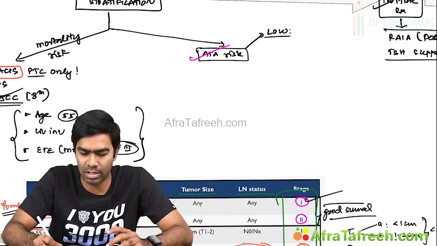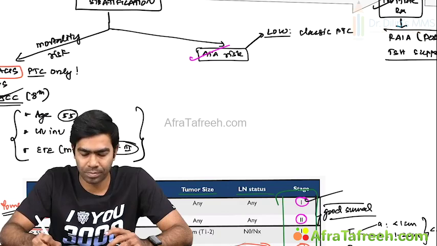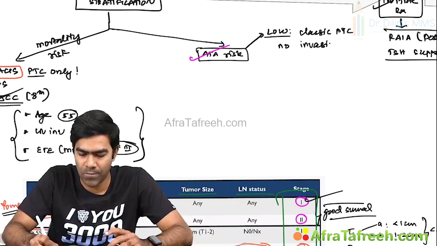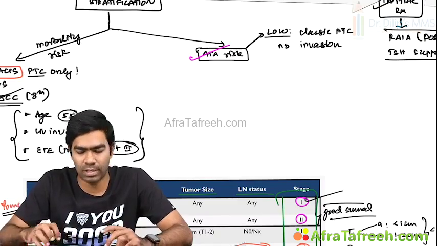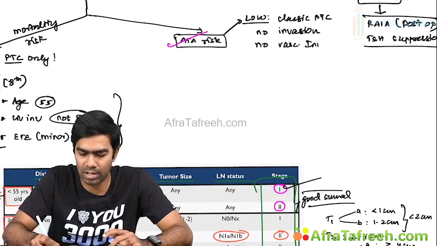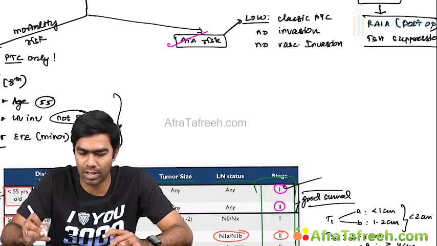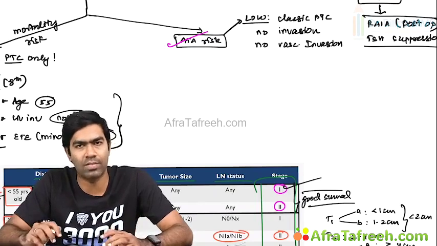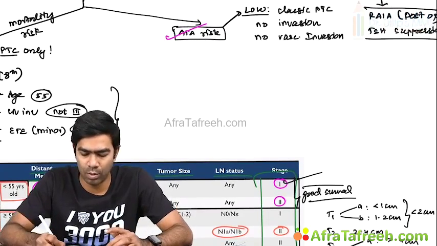As far as PTC is concerned, if it's a classic PTC, it carries a low risk only, or if there is no invasion by a PTC, papillary thyroid cancer, it comes under low risk only. And if you have no vascular invasion, there are some PTCs which can go for vascular invasion. So if there is no vascular invasion, I'll be putting it under low risk PTC only.